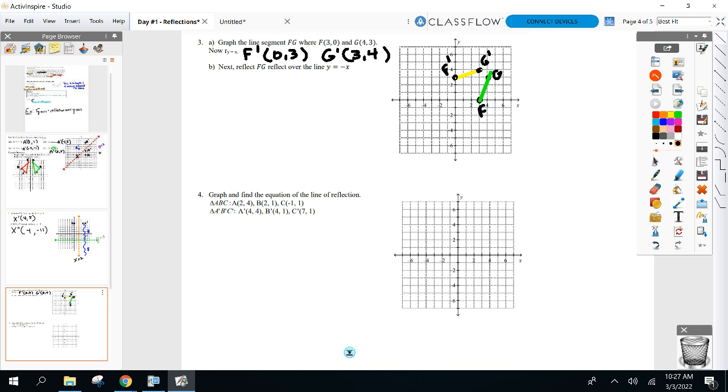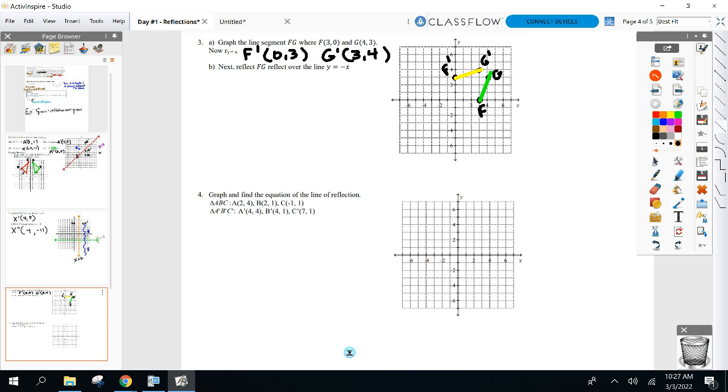And just so you believe me about why that rule works, here's the line we just reflected over. It looks like I flipped it right over. Now take FG and reflect it over a new line, Y equals -X. Here's the line Y equals -X.